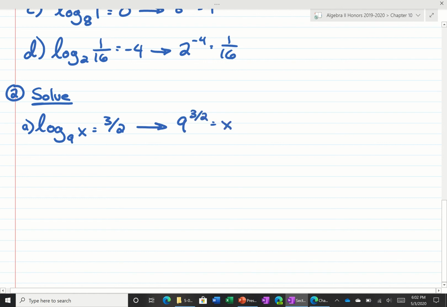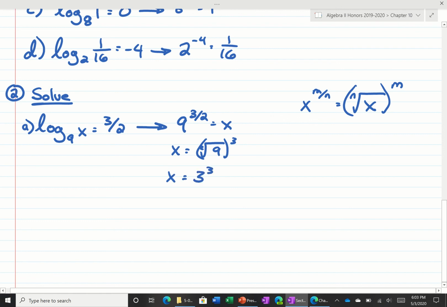And you should remember the property where x to the m over n power means the nth root of x to the m. So really what this is saying is the square root of 9 to the third power, which would give you 3 to the third, which is 27.